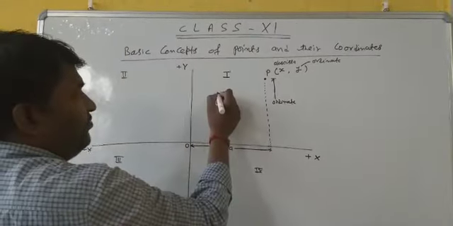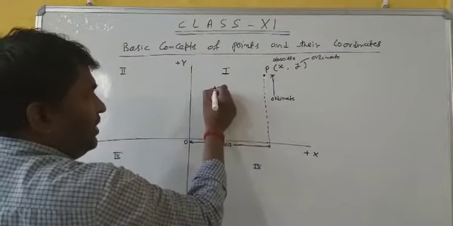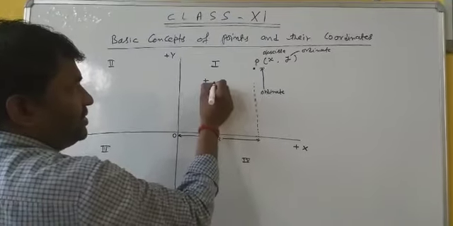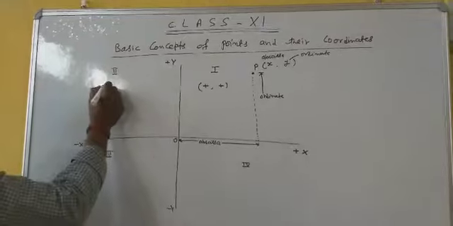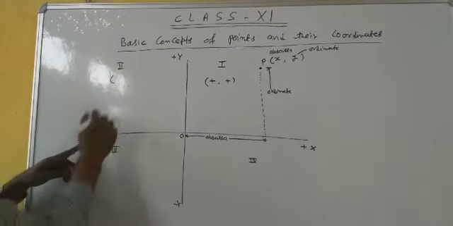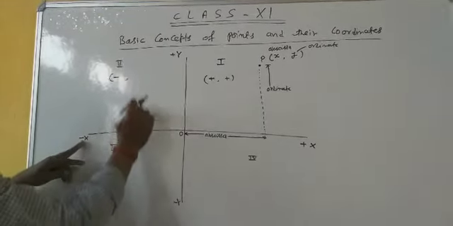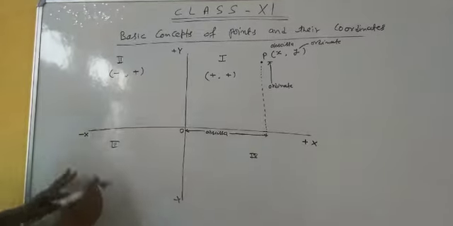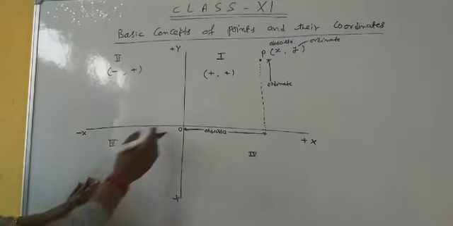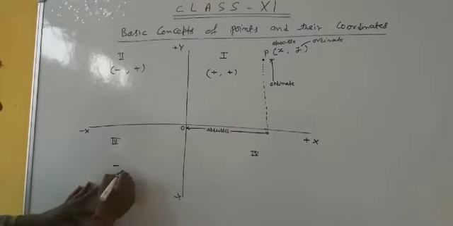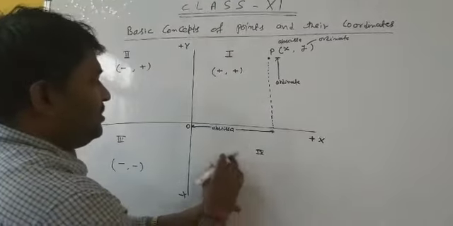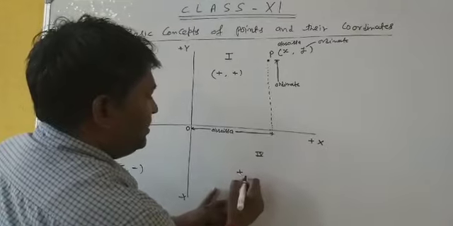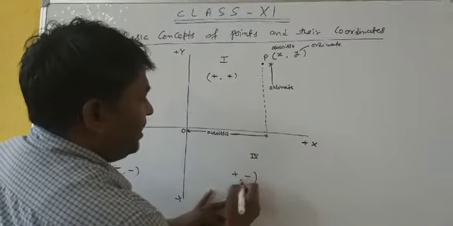Any point lying in the first quadrant will have its abscissa plus and ordinate also plus. In the second quadrant, the abscissa, meaning the x coordinate, will be negative while the ordinate will be positive. In the third quadrant, abscissa and ordinate both will be negative. And in the fourth quadrant, the abscissa will be plus and the ordinate will be minus.